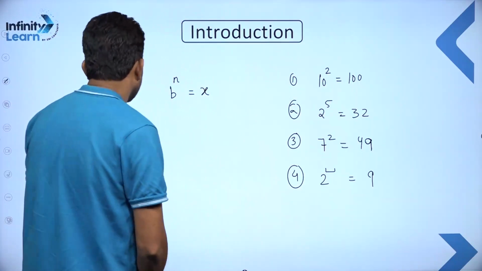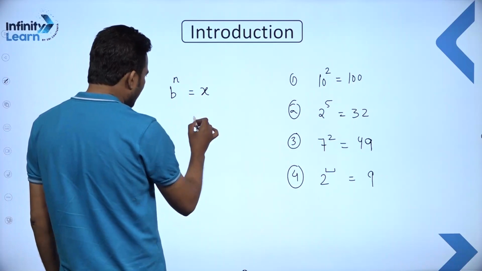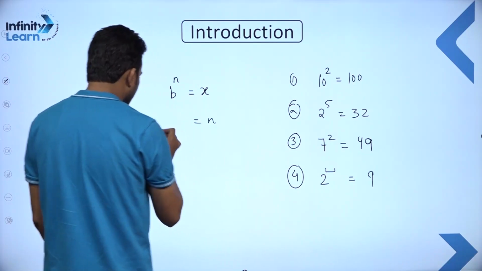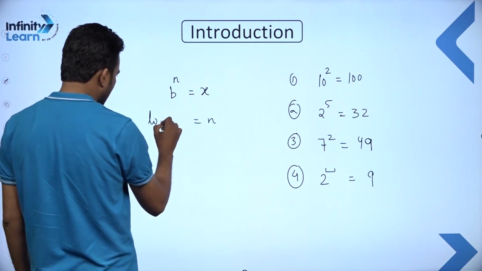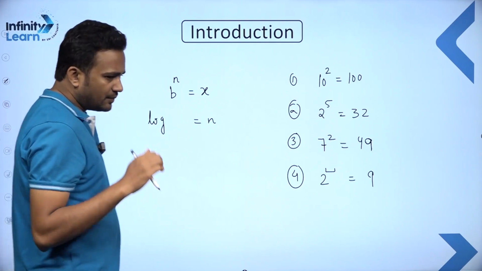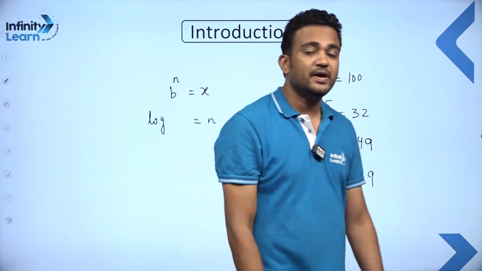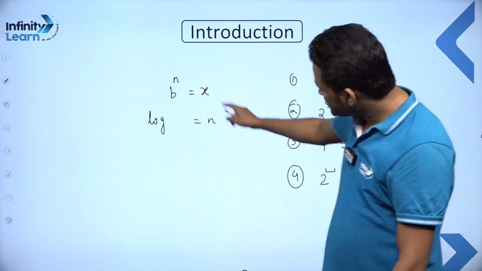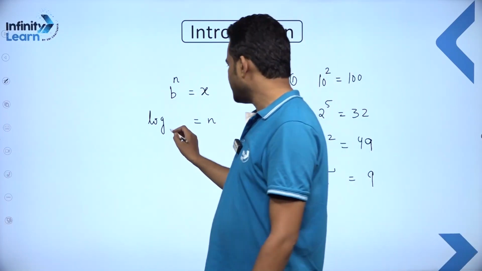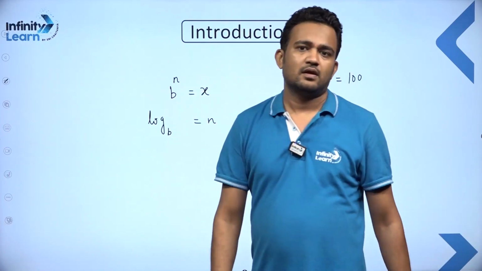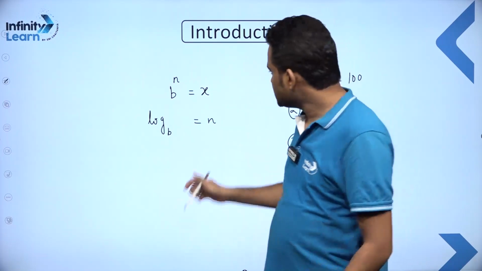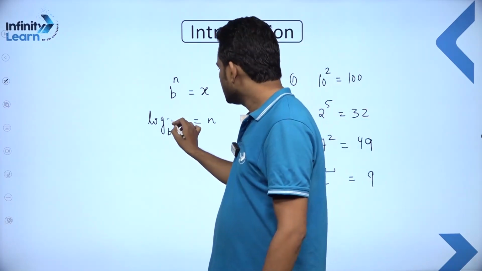So how will we write n? In order to find this n, we use log. For log, we have to decide two things, that is base and argument. The base will be the same as the base of the exponent, which is b. And what should be the argument? This number x should be the argument.